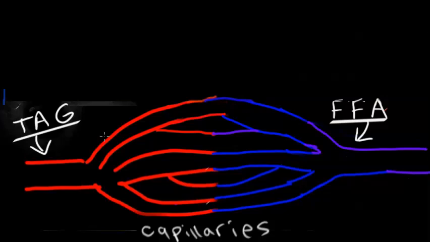So these free fatty acids can be delivered to the bloodstream, to the capillaries, and they can act as an energy source or a nutrient for muscles and for the heart. So there are three ways that we can actually get these free fatty acids into the bloodstream. So let's take a look at each one of those.